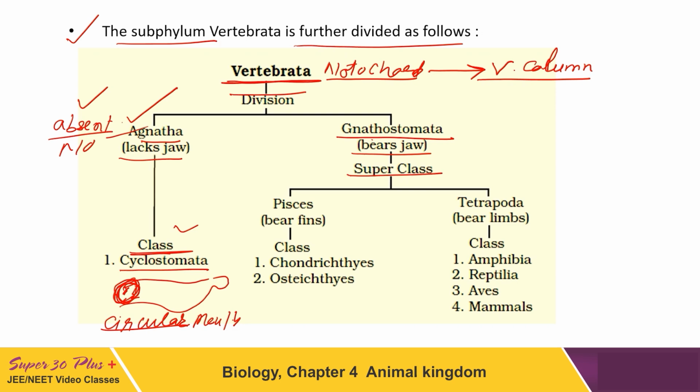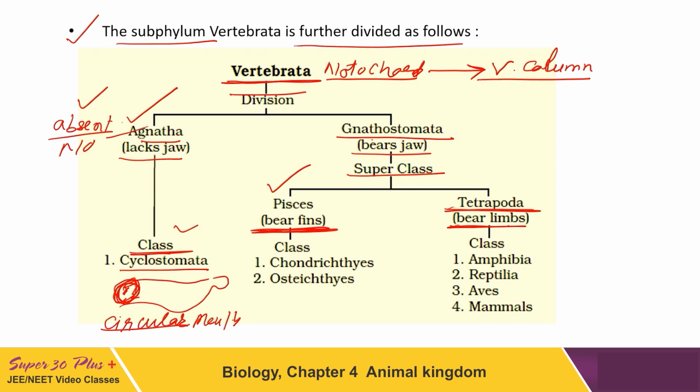Then the Gnathostomata division has two superclasses. One is Pisces, where the appendices are in the form of fins, and when the appendices are in the form of limbs, four limbs, two pairs, it is known as Tetrapoda.